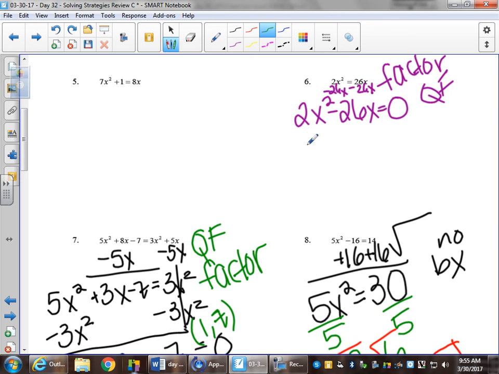What's that little acronym that we use first? It starts with a G. GCF. Is there a GCF here? What is it? Careful. 2x. They both have x's in them, so you can pull out a 2x. So now what's going to be left over?